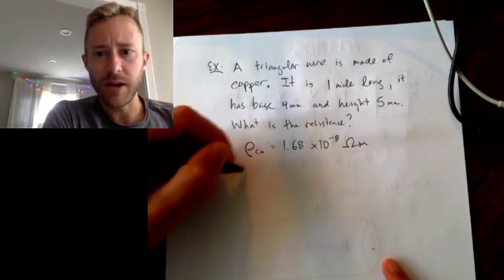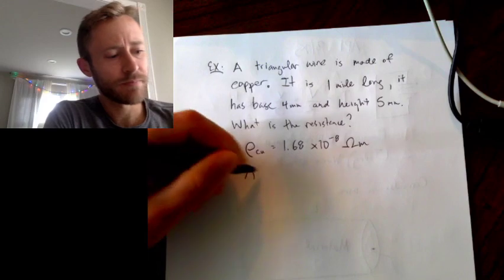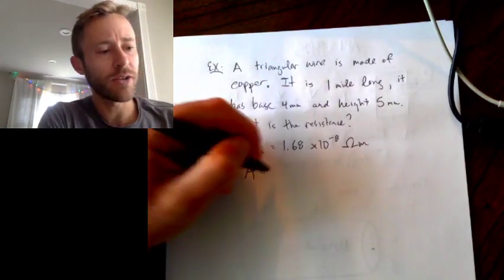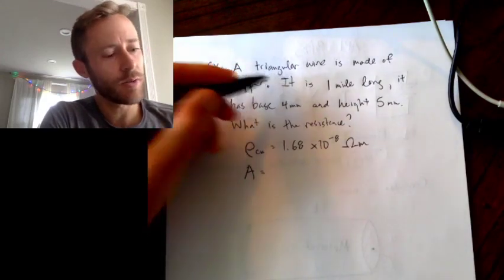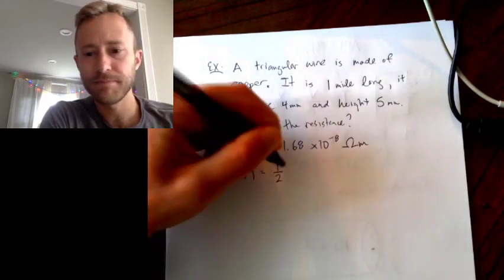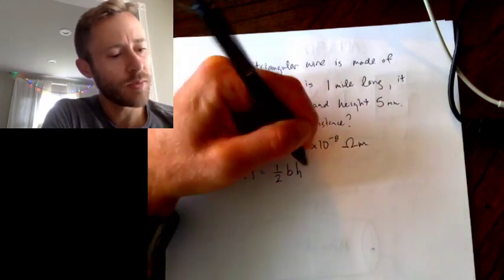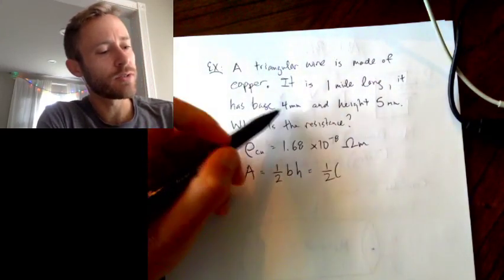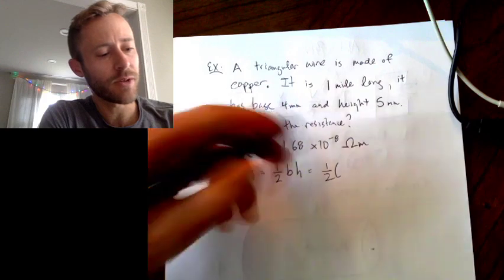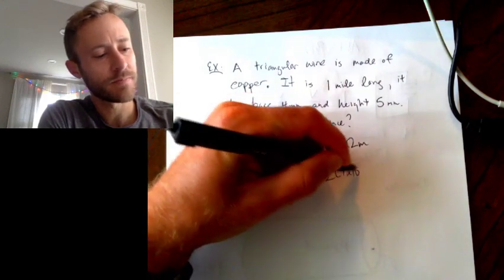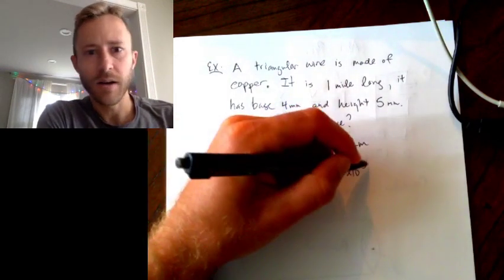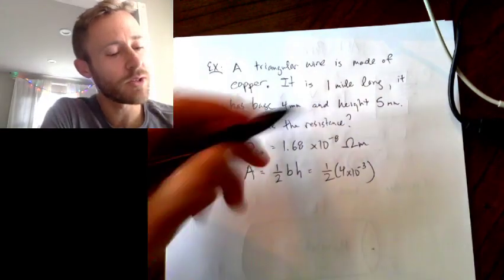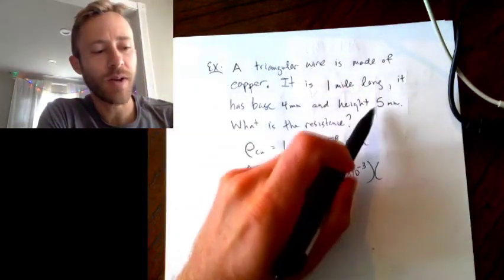As far as the area is concerned, it's a triangular wire, so the area would be 1/2 base times height, which is going to be 1/2 times base, which is 4 times 10 to the minus 3, because that's millimeters, so millimeters means times 10 to the minus 3. And the height is 5 millimeters.